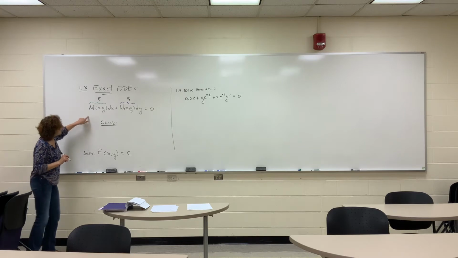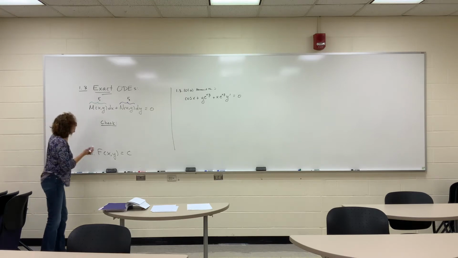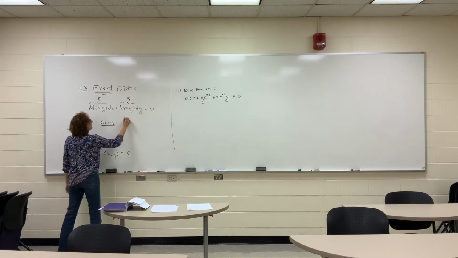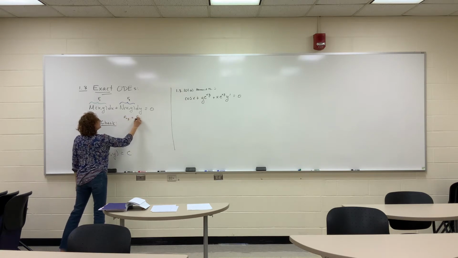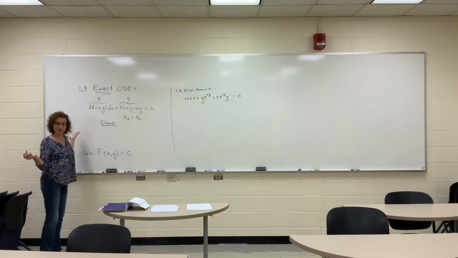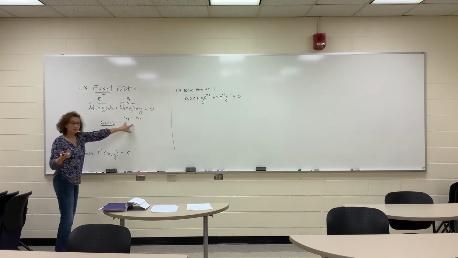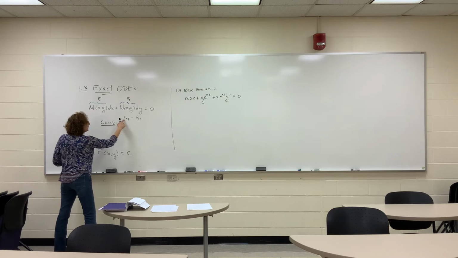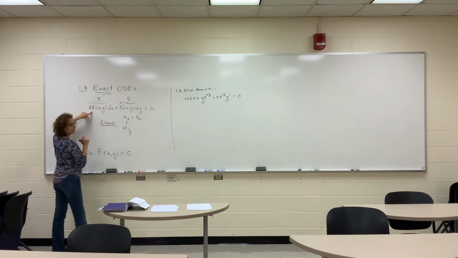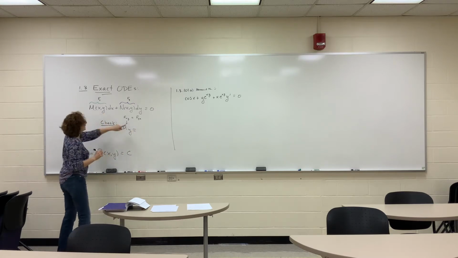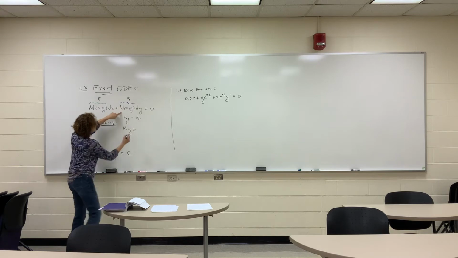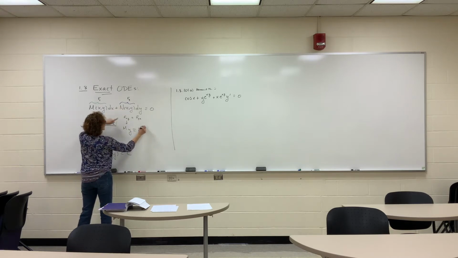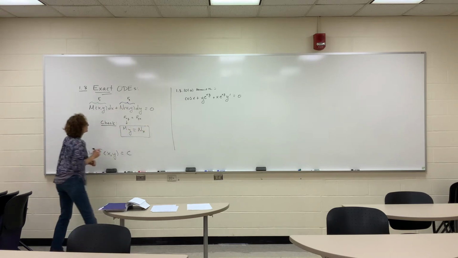Okay, and so what do we want to check? What we want to check is that f_xy is equal to f_yx, that the mixed partials are the same. So what is f_xy? That is M_y, the partial derivative of M with respect to y. And what is f_yx? That is N_x, the partial derivative of N with respect to x.